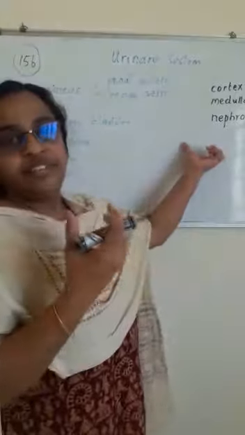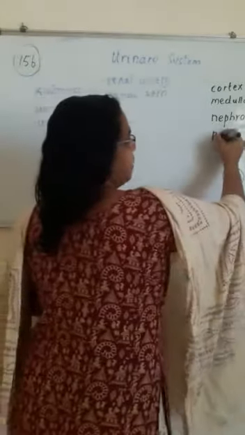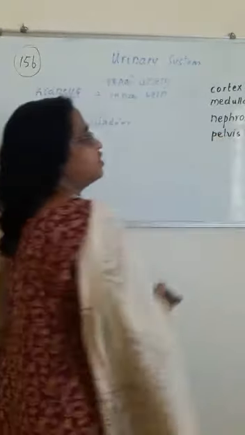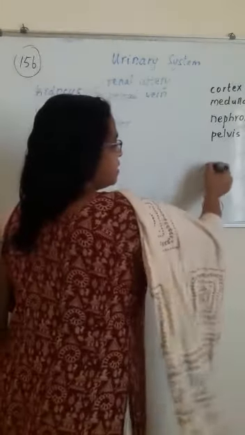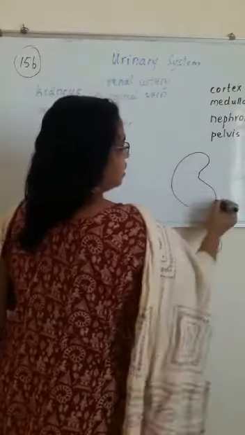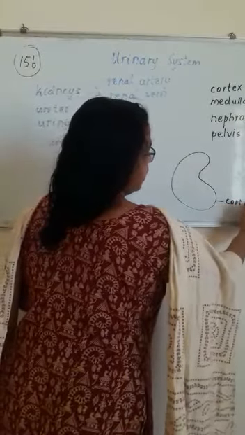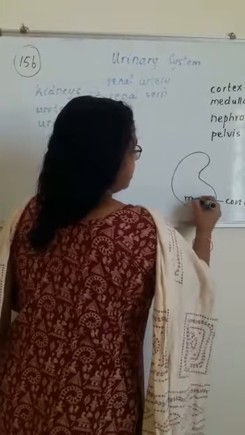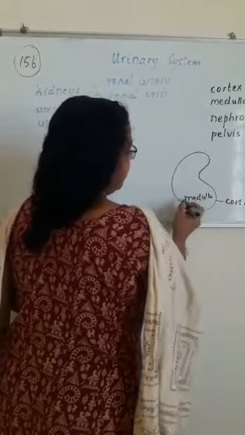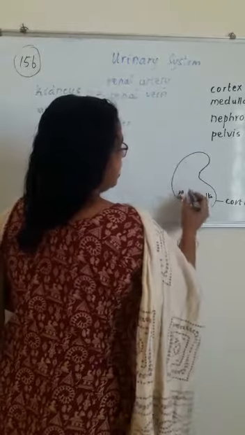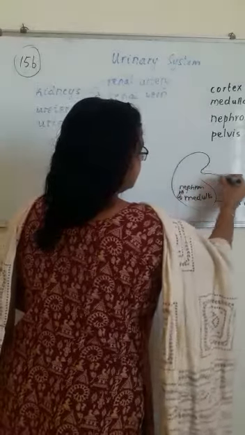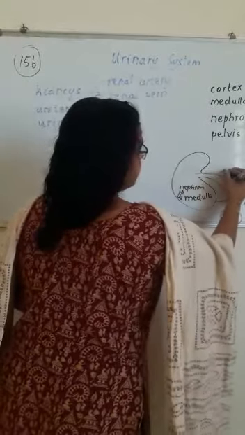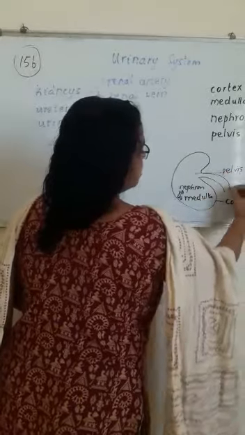Then the filtered waste goes to the pelvis, and from the pelvis it goes down to the ureter. So in the kidney, the outermost structure is the cortex, then the inner side is the medulla, and here is the nephron, then the pelvis and ureter.